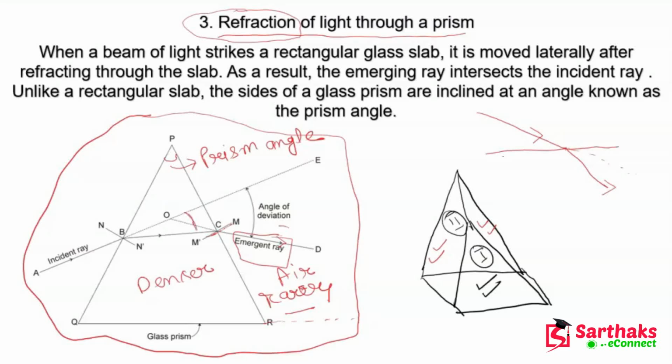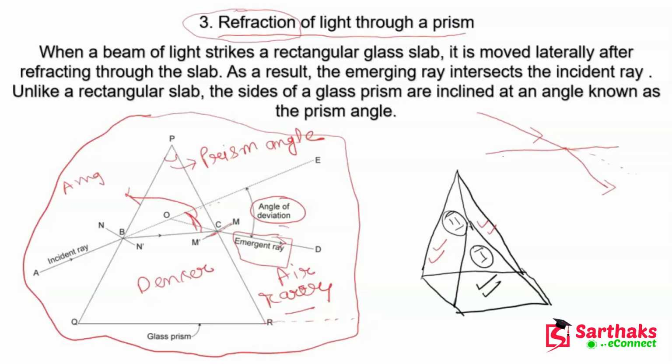If you extend this incident ray and move this emergent ray back, you will see that this is the angle made by these two rays, and this is the angle of deviation.